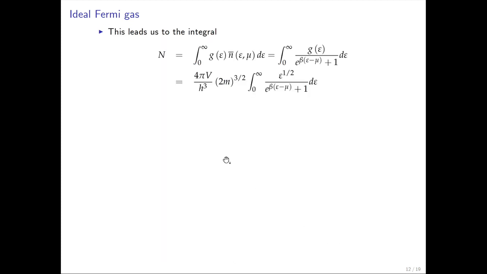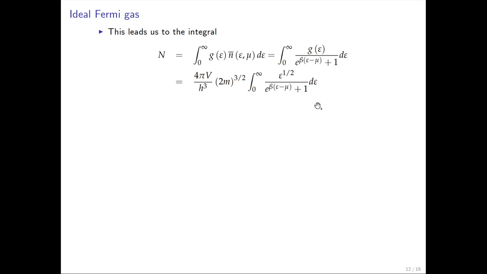And so what does that look like? Well, in the general sense, for arbitrary chemical potential and temperature, it's just the integral as the energy goes from 0 to infinity of the density of states times the mean occupancy, or the Fermi-Dirac distribution here. And so it looks like this.